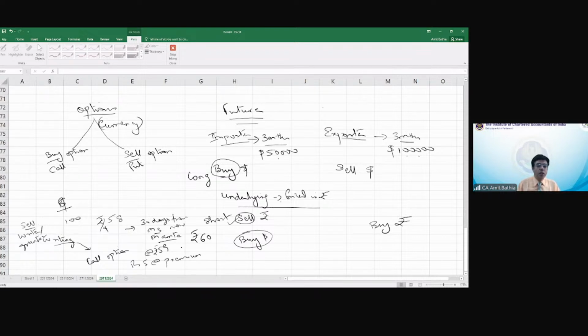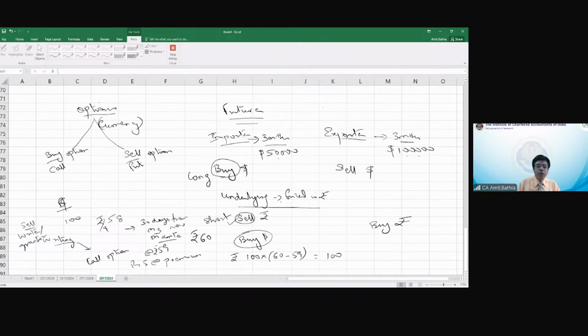Very good. So how much money will Miss Mamta make in this particular contract? A 1 rupee gain. Remember, it's $100. She is going to buy from me at 59 and sell it in the market at 60, so this 1 rupee becomes her profit or saving.